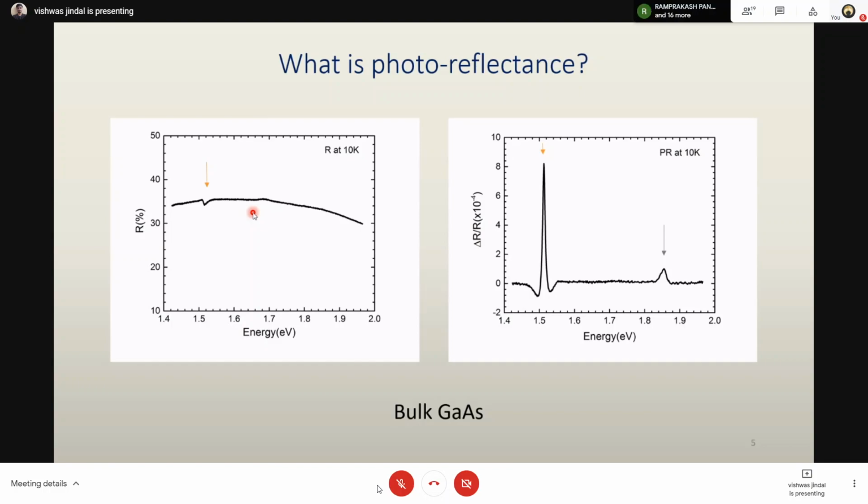But if you see this signal, what you are getting here, you can simulate it as a derivative of this. That is what I was saying. Exactly, Vishwas. If you take this curve and take the numerical derivative, I can sit with you and see that it will definitely give a peak.